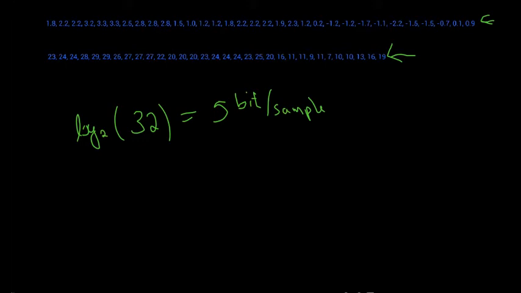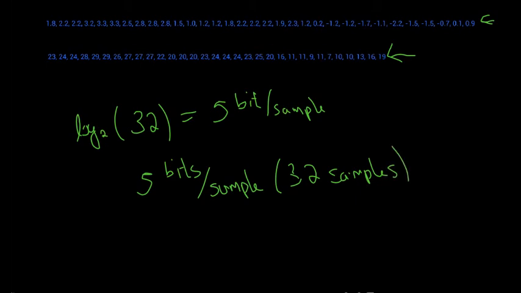So, if we take 5 bits per sample and multiply that by 32 samples, we get 160 bits needed to send this quantized sequence.